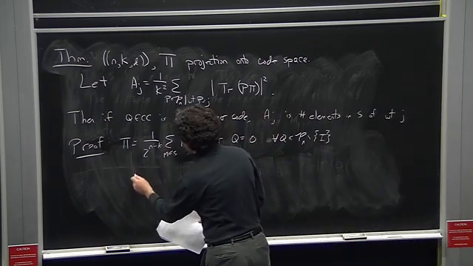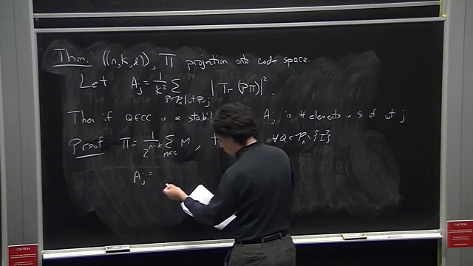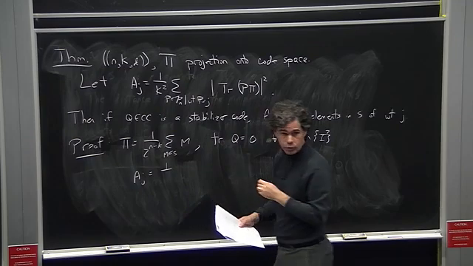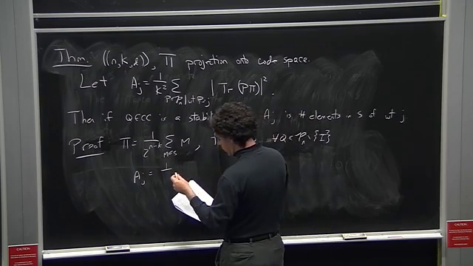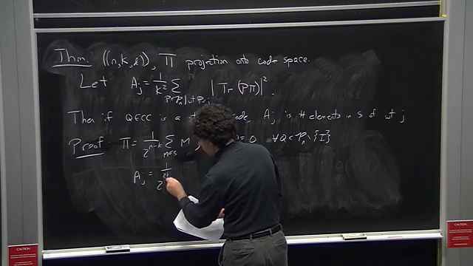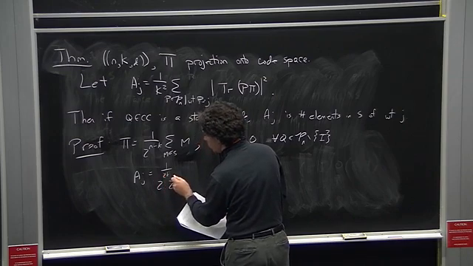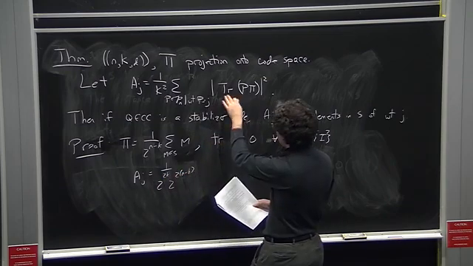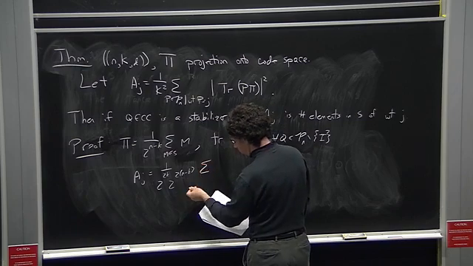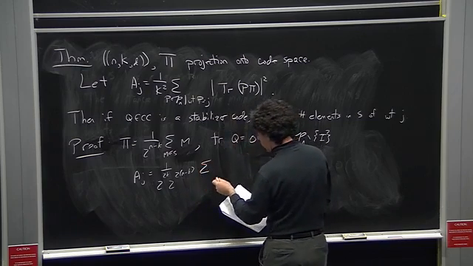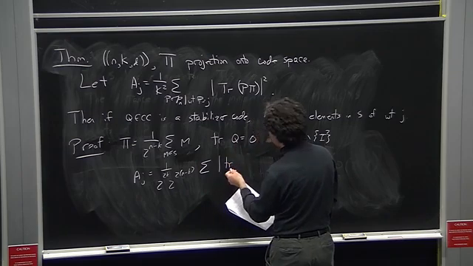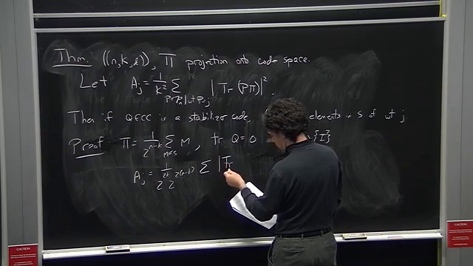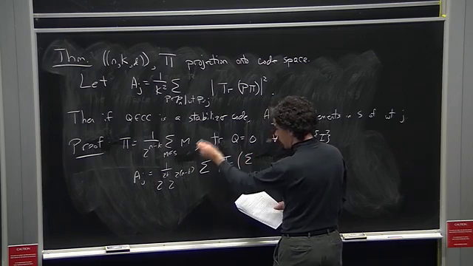So A_j, where big K here is 2 to the little k, is 1 over 2 to the 2k, times 2 to the 2(n minus k) when we evaluate this, times the sum of the trace of this thing.